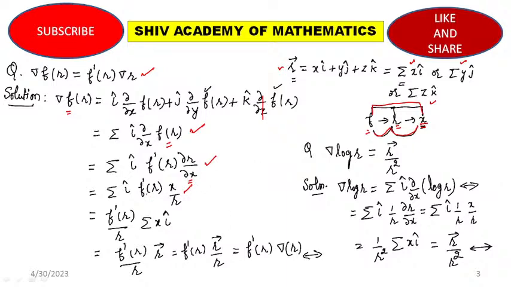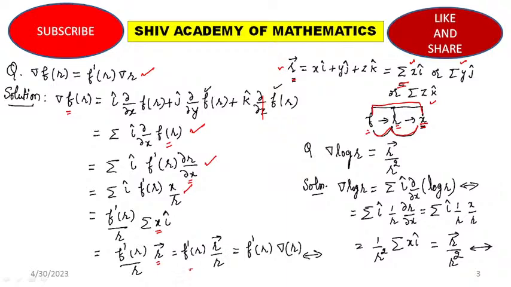So we keep f dash r by r outside, and we get f dash r by r sigma x i cap. The value of this sigma x i cap is vector r. So you get the answer f dash r into vector r by r.